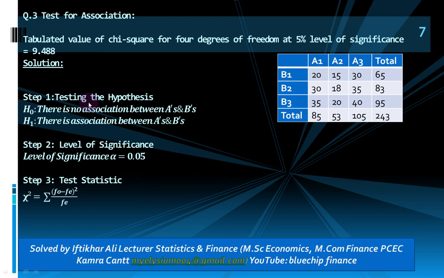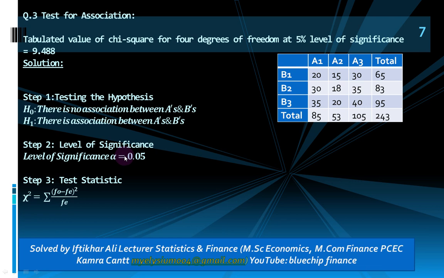So first step is to take the hypothesis. So first hypothesis, null hypothesis, is in which we assume that there is no relationship between these two variables, and in alternative hypothesis we assume that there is relationship between these two variables. Second step is the level of significance, which is given in the question, 5%.